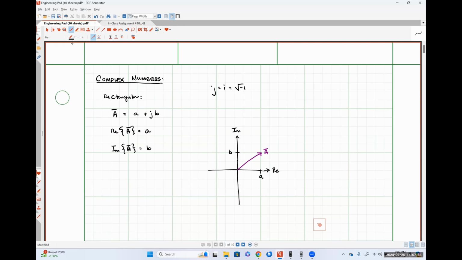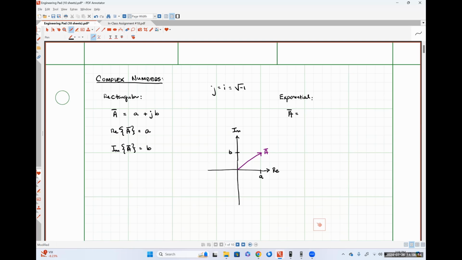All right. So next we're going to talk about exponential complex numbers. In an exponential form complex number, I'm going to have something like this.